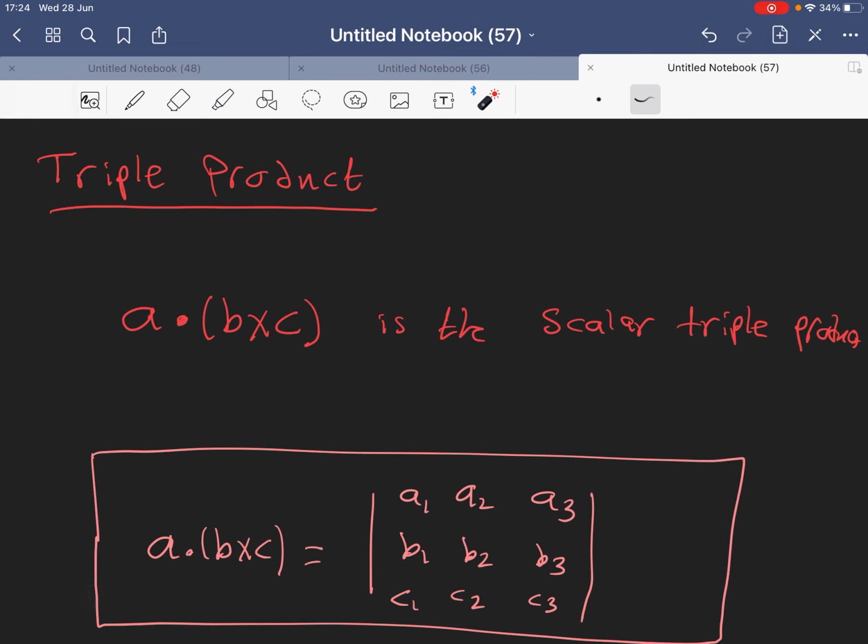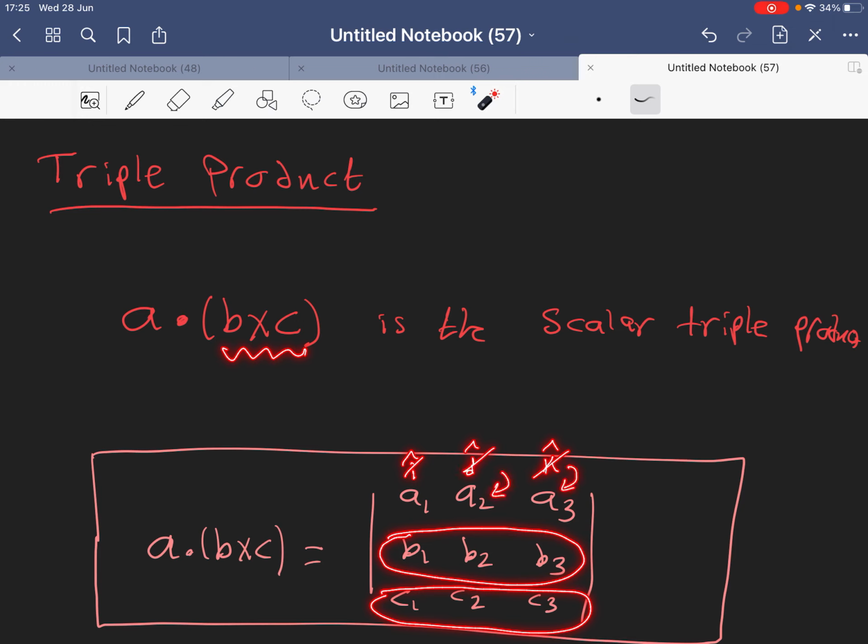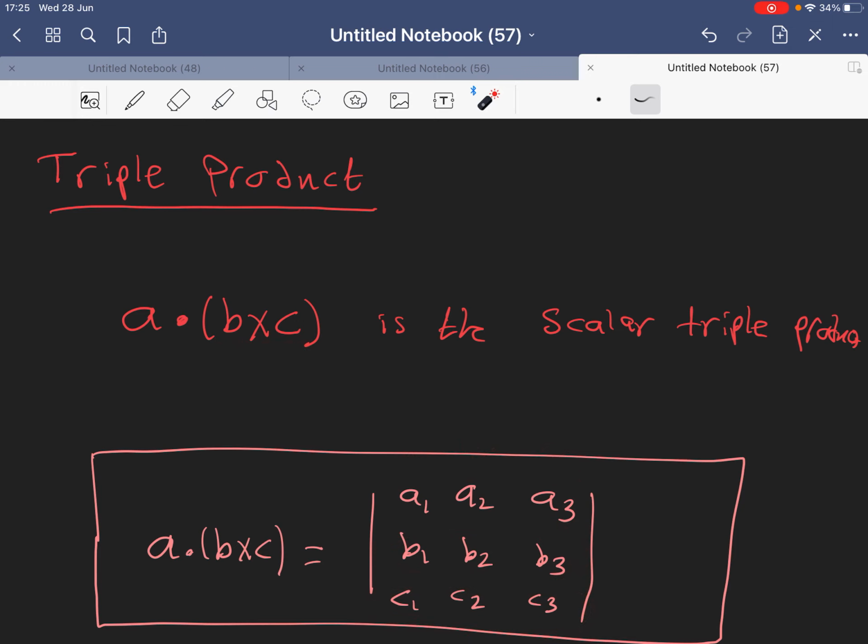The formula is the same formula as for the cross product. We write the coordinates of B here, the coordinates of C here, but instead of i, j, k, we write a1, a2, a3.